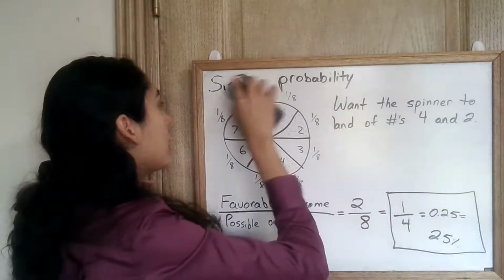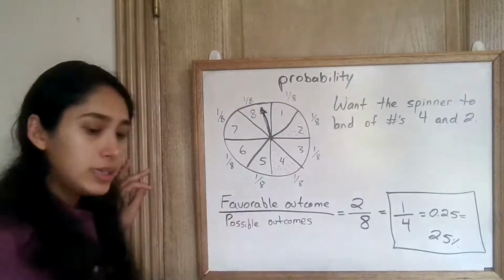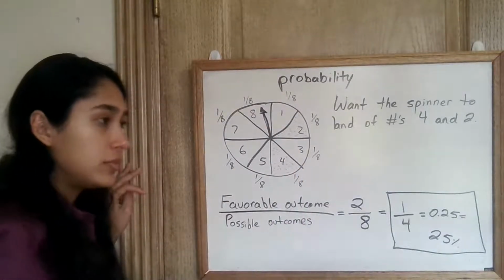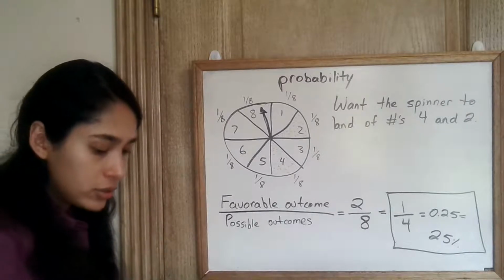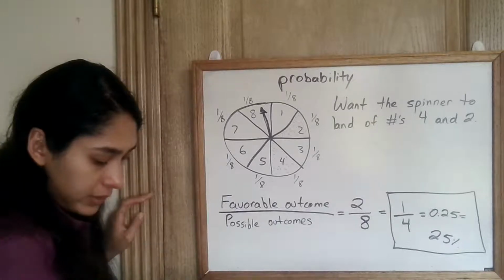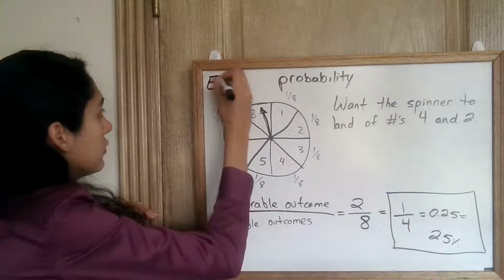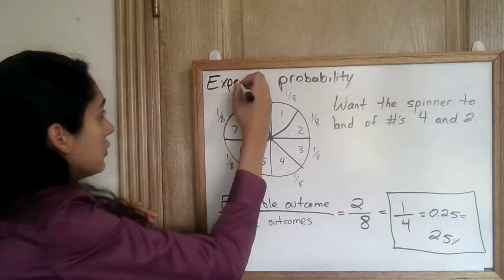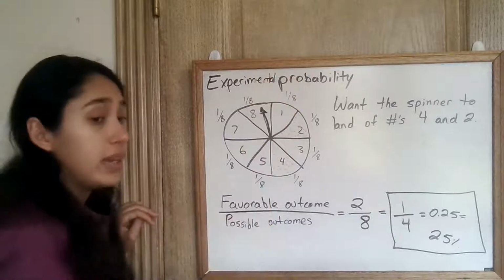And this is no longer going to be called simple probability, because simple probability is more of a what if. Now we're going to move into experimental probability. With experimental probability, you actually go ahead and do it.